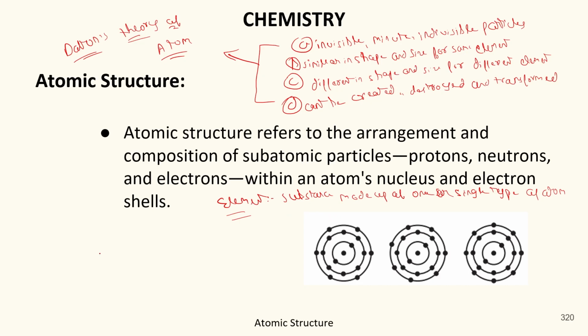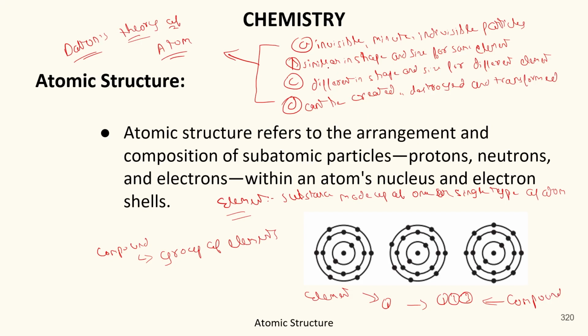And compound is basically a group of elements. So here you can say if this is one element and then 1, 2 and 3, these all three elements get combined together, they are forming a compound.